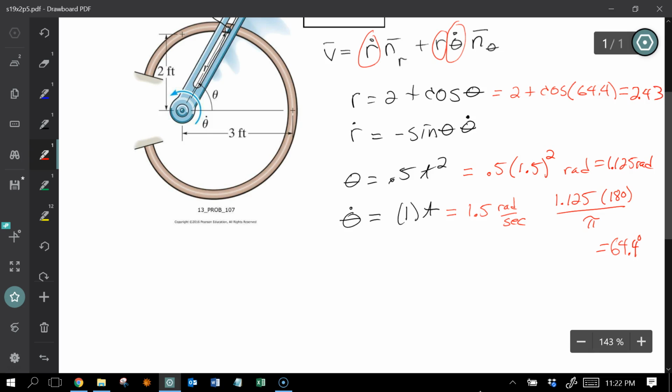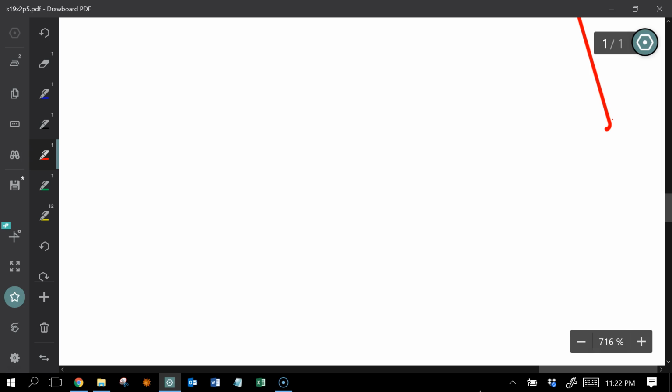Okay, so now that I have all these numbers, I just plug them in. V equals r dot. Oops, I've got to get the r dot. So r dot is minus sine of 64.4 times theta dot, and theta dot is 1.5.